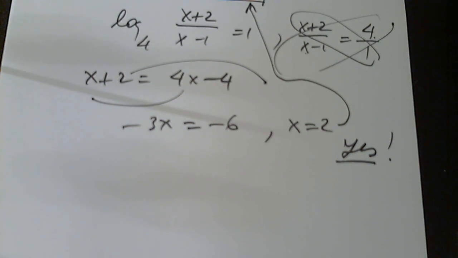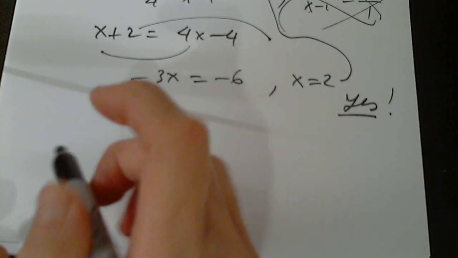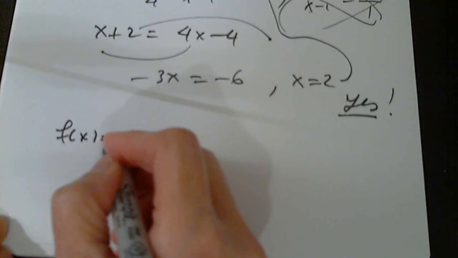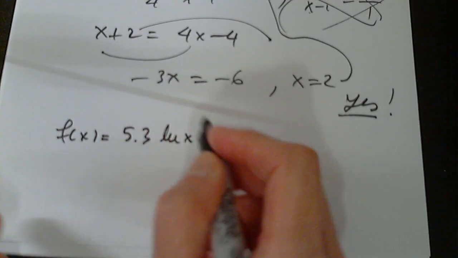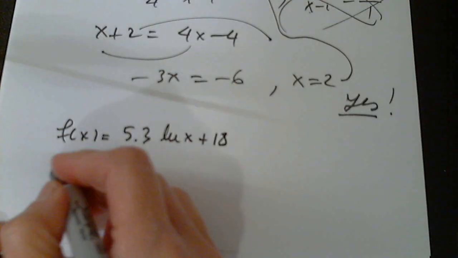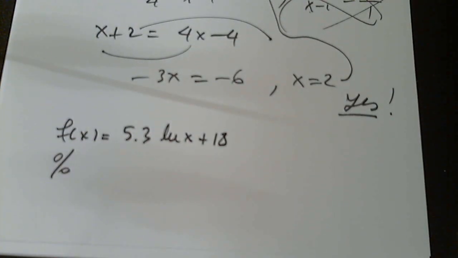Okay, the bar graph shows the percentage of adults putting off medical treatment in 7 selected years because of expense. The function f of x equals 5.3 natural log x plus 18 models the percentage, so this is percent, of adults putting off medical treatment because of the expense, x years after 2000.